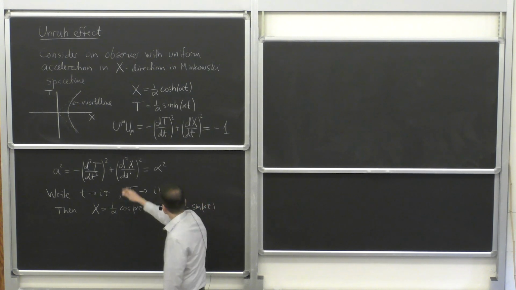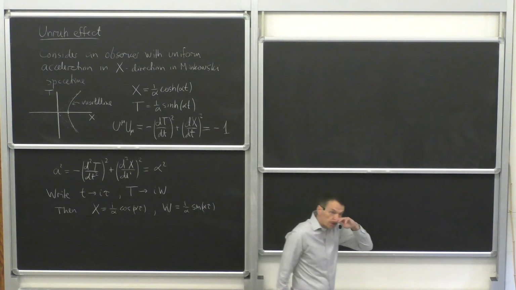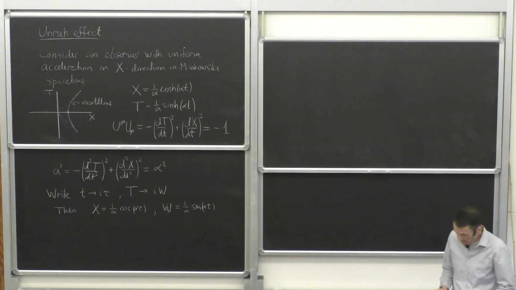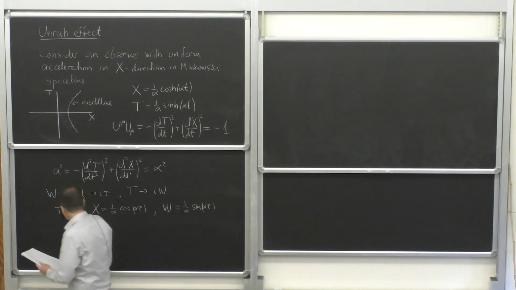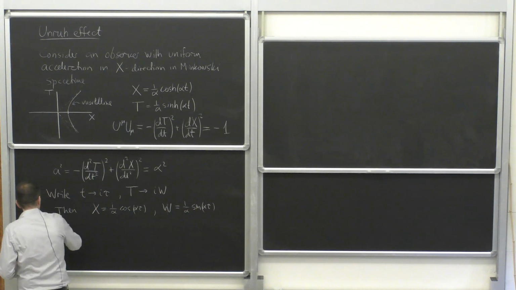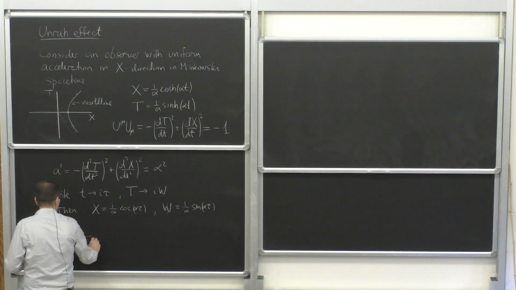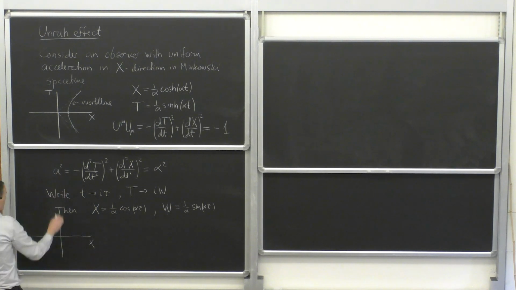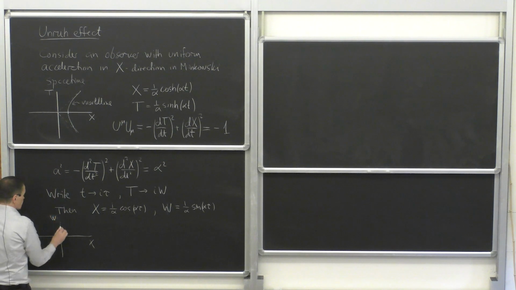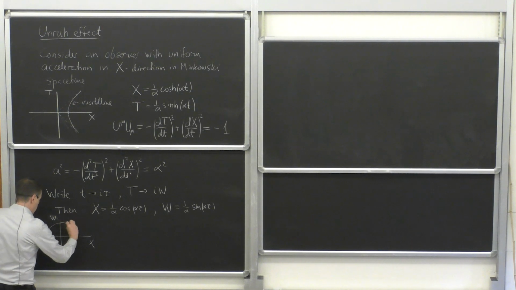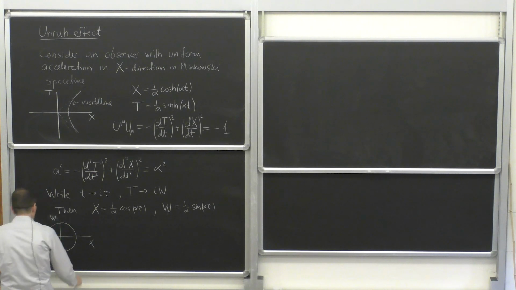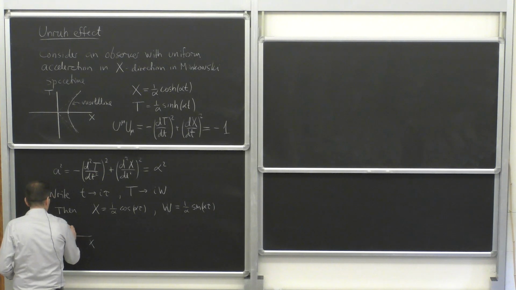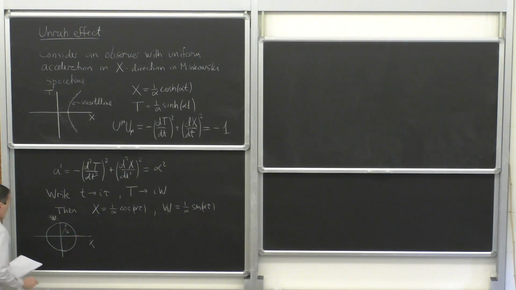So the hyperbolic variables just become trigonometric functions. And we see that the space-time diagram now, this is now w versus x, instead of having this hyperbolic structure, it's just a circle. It's a circle of radius 1 over alpha. Okay?